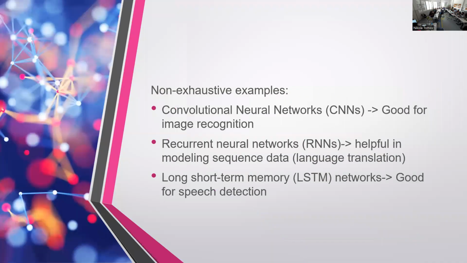There are several types of neural networks. We are going to give some non-exhaustive examples. The very well-known convolutional neural network, or CNN, is good for image recognition, as we've seen. Recurrent neural networks and long short-term memory: the recurrent are good for sequential data, for example, language translation, and the LSTM are good for speech recognition.